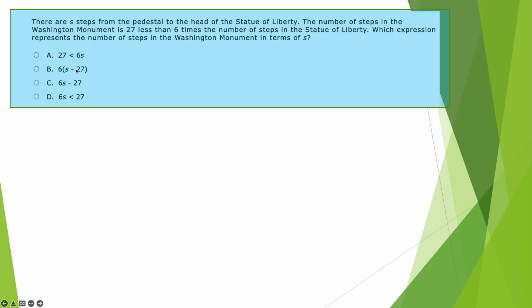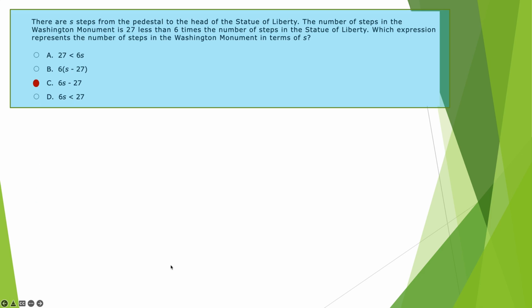So my question is, choice B says it's 27 less than the number of steps, then times it by 6, or is it 27 less than 6 times the number of steps? Well, it's choice C.